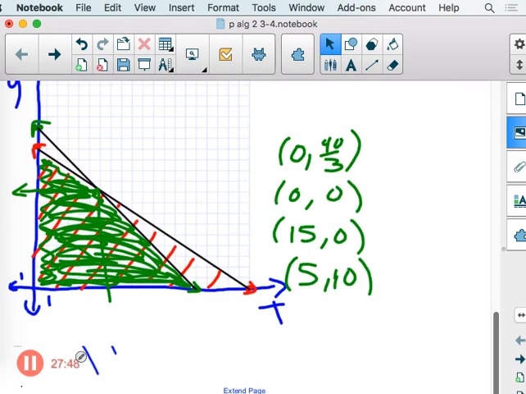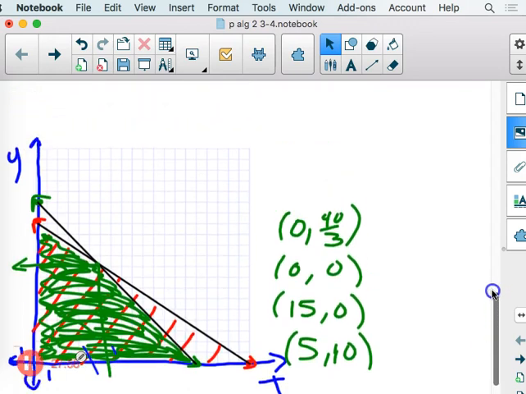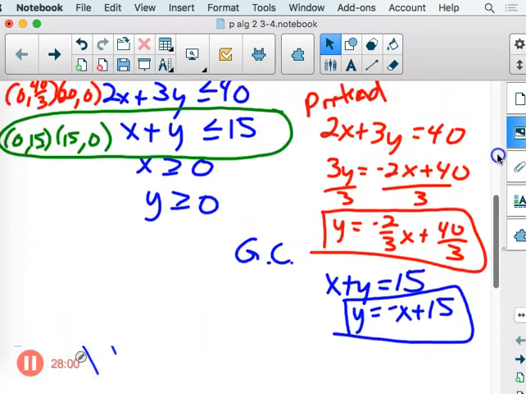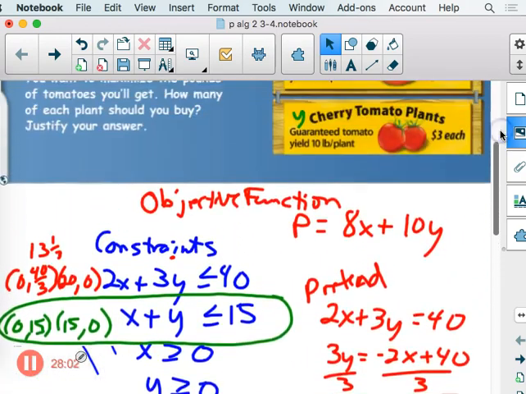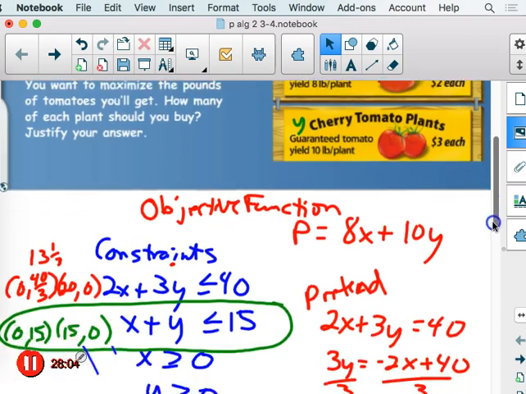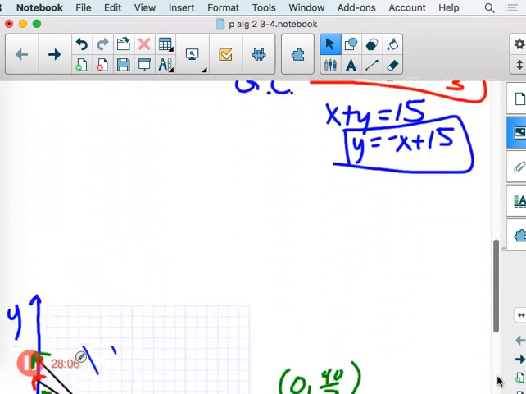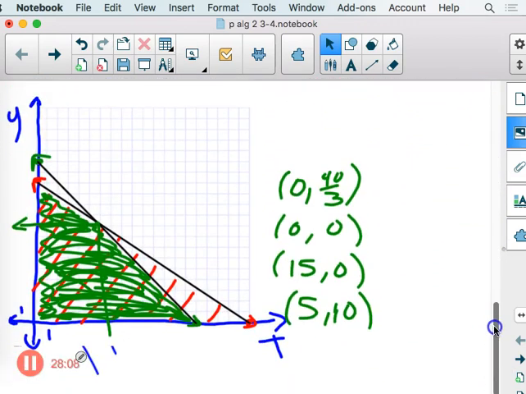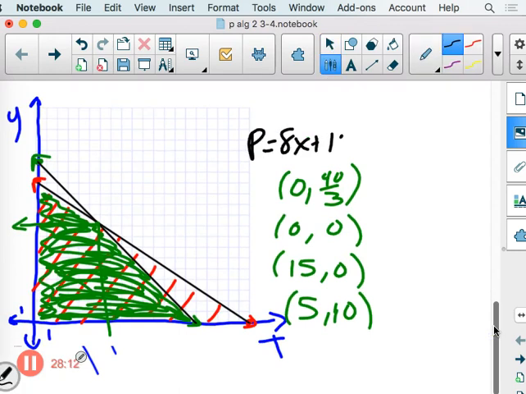Whew! One more step. We're almost there. What did we find all those for? Now put them into the objective function. So let's go back and grab the objective function. The objective function was about the pounds of tomatoes. So that was P equals 8x plus 10y. Now we're going to put these numbers in there and see what we get.